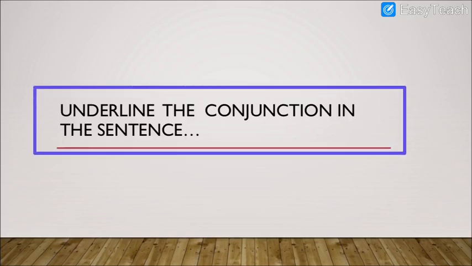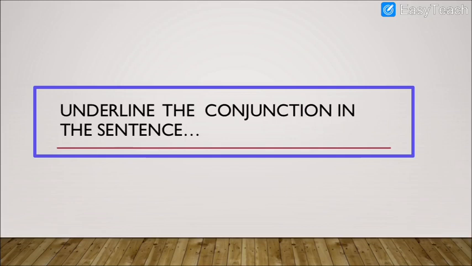So just give the heading. As you can see here, I have given the heading. Same way you have to give the heading. I'll wait for a few seconds. Please write this on the first or the second line of the page, not in the header part, because in the header part you already have written conjunction, right? So just give the heading, underline the conjunction in the sentence.